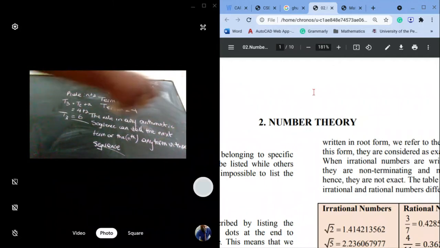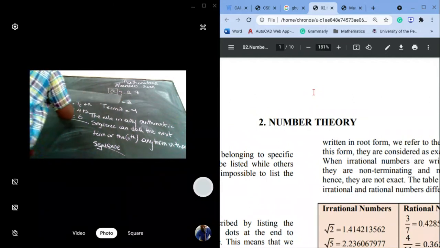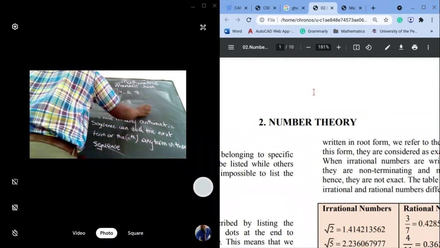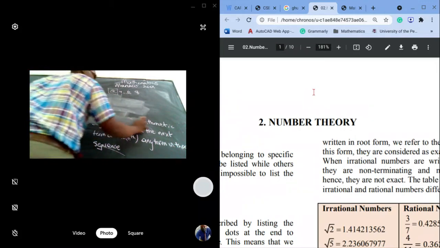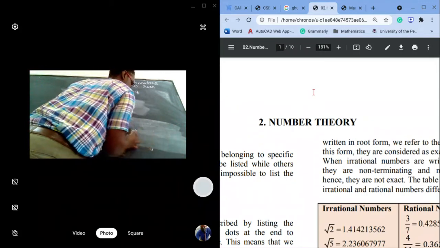Now we're going to continue and look at the types of sequences. Types of sequences.